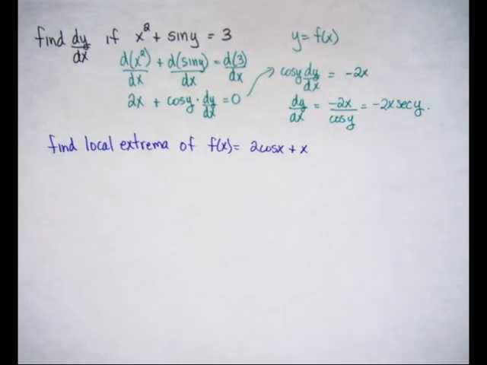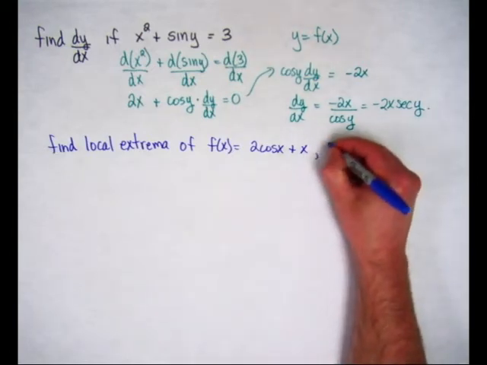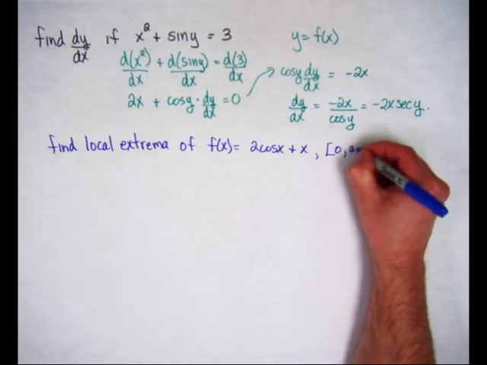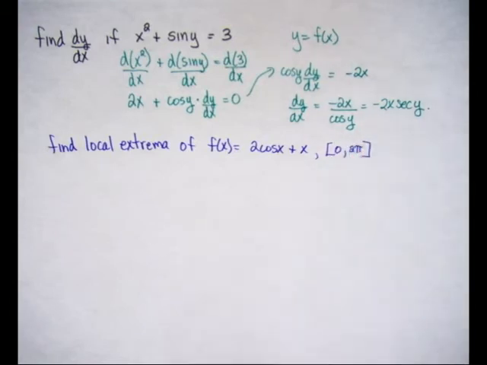Now the function 2 cos x plus x is a cos wave that's been added to a linear function. So the graph would go on forever. So in these questions, we often just restrict ourselves to an interval. In this case, we just want to examine this graph between 0 and 2 pi, and we want to know what the extreme values, the local max-min values, are.